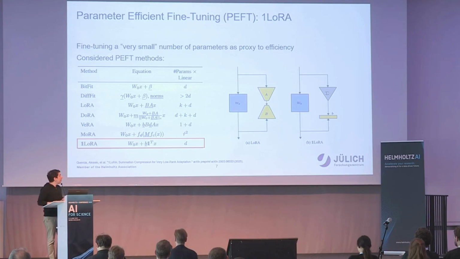As context, d parameters means it's the same as a bias vector, so basically it's the same as the first method that only fine-tunes biases. But the difference is that in this case we input the data through the module. So the difference with LoRA is that in this case we have the outer product between these two vectors: one is the vector of ones, the sum, and the other is the vector of d parameters.